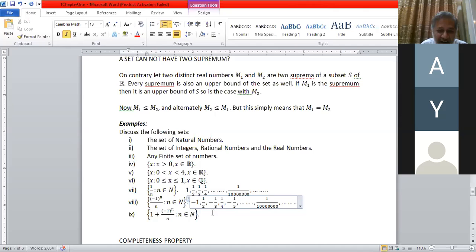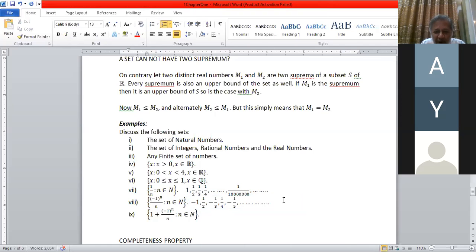Which is the rightmost? Half. So all numbers here are between -1 and 1 by 2. On the left side -1, on the right side 1/2. So the supremum is 1/2 and the infimum is -1.